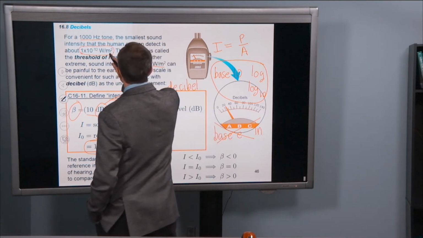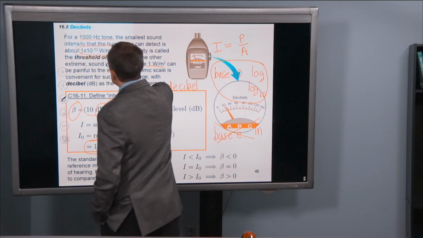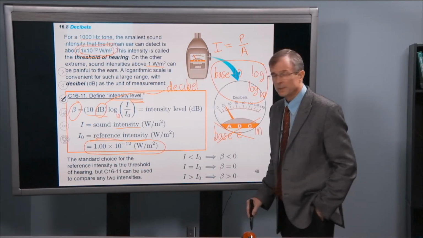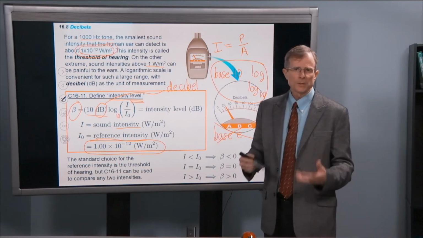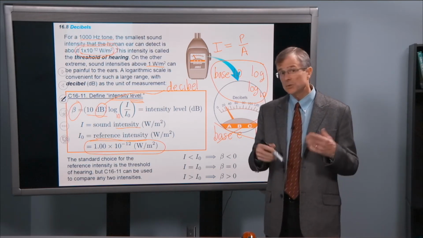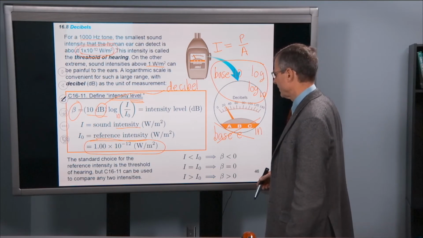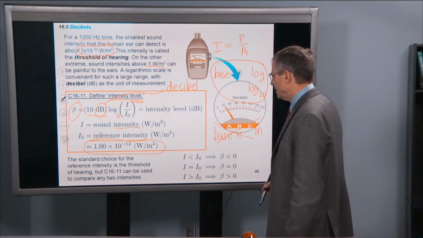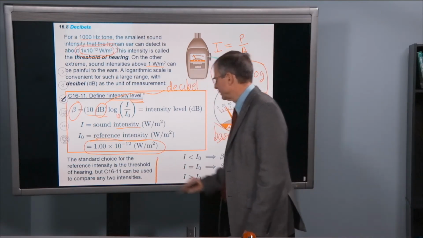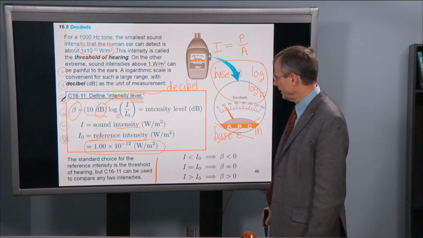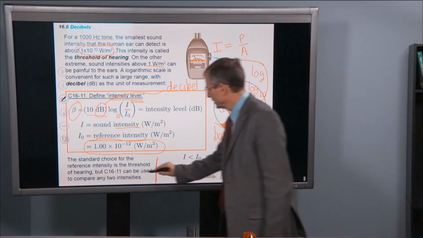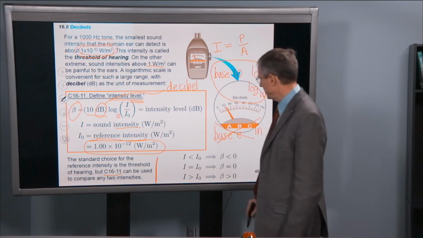It's this number right up here. 1 × 10⁻¹² watts per square meter is generally used as a reference intensity, but you can use other references, and we'll show you in the next example how to do other references. So the standard choice is the threshold of hearing, but this concept can be used to do any others.